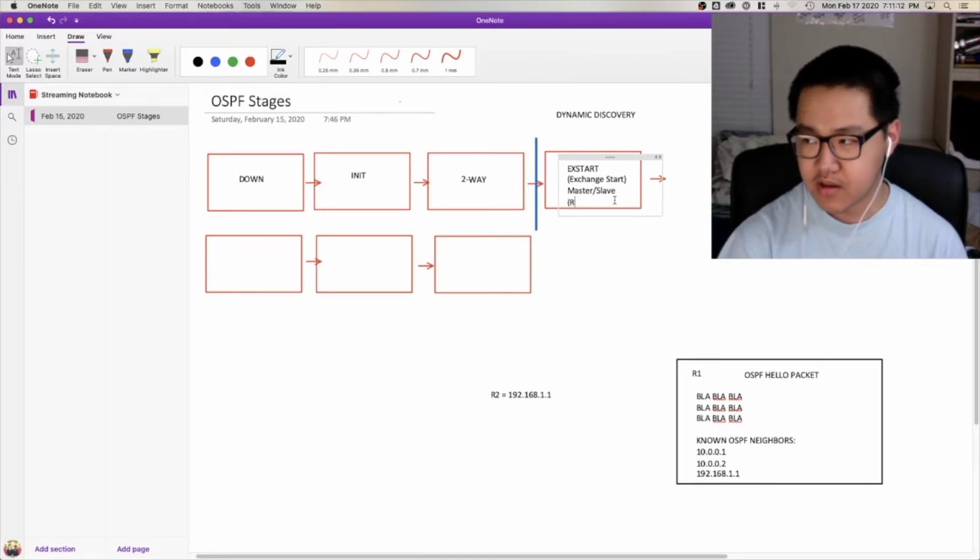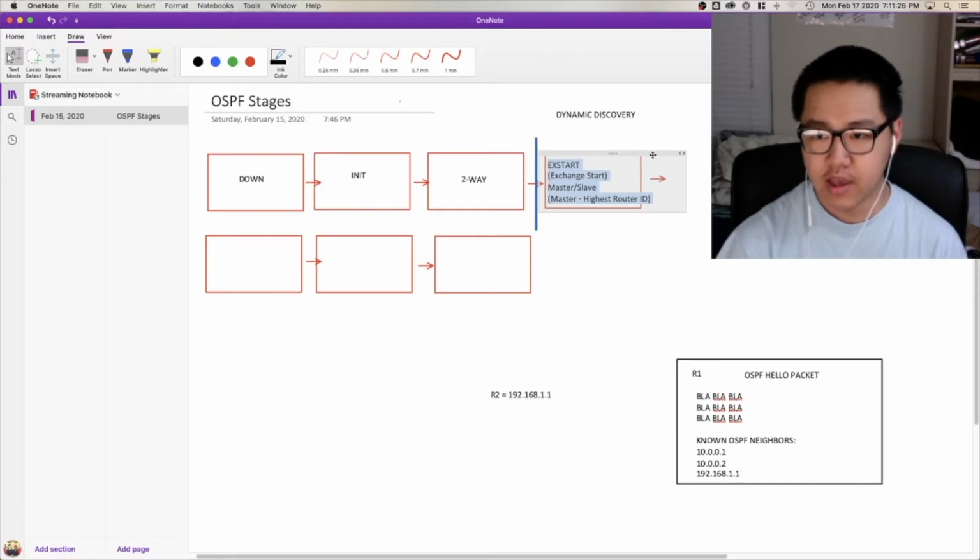So, how do you decide the master? Highest router ID. So in exstart, you send these things called database descriptors. And those database descriptors, among many other parameters, contain the router ID, and that's how they decide the master-slave relationship.